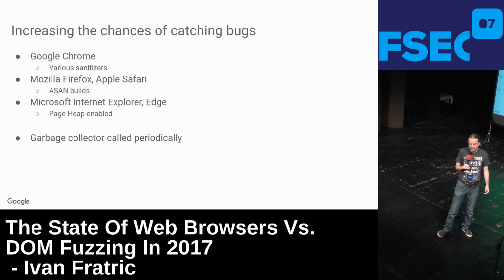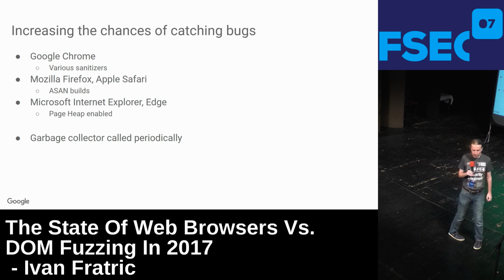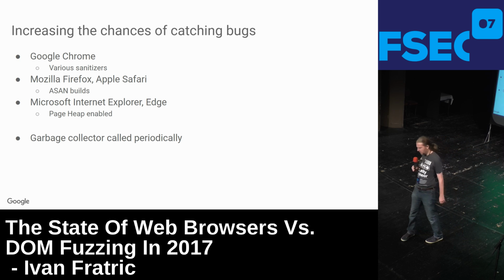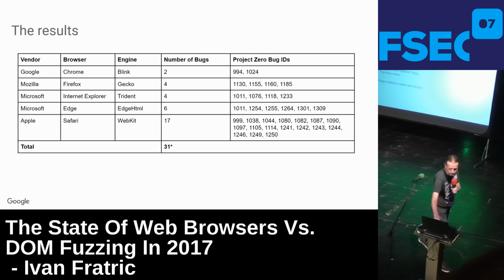For IE and Edge, obviously, we didn't have our own builds, but what we did was to enable page heap for the relevant processes, which kind of serves the same purpose. And we also made sure that the garbage collector in each of these browsers gets called periodically, which is important to catch use after free issues, which are quite common in web browsers.